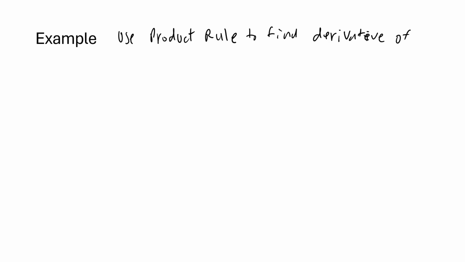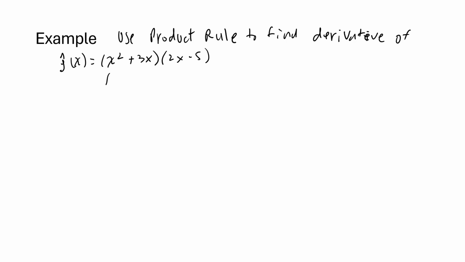So we want to use the product rule to find the derivative. In this case, we're going to say j of x is going to be equal to x squared plus 3x times the quantity 2x minus 5.